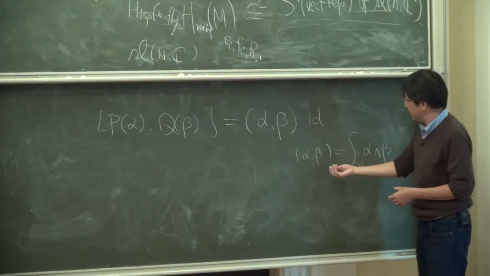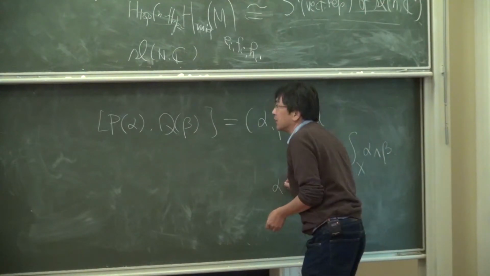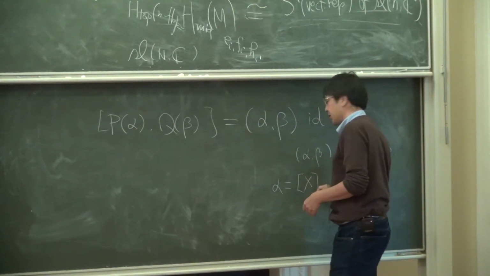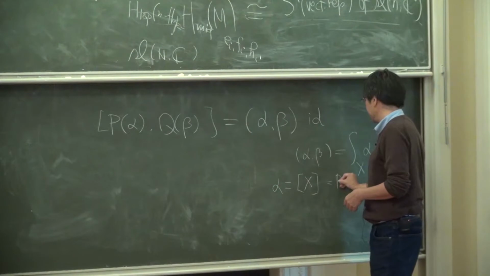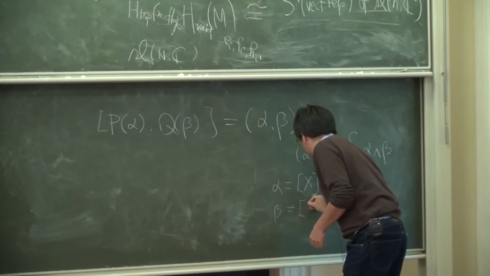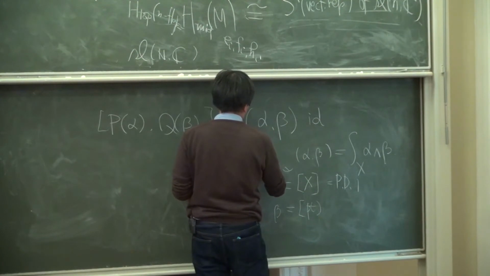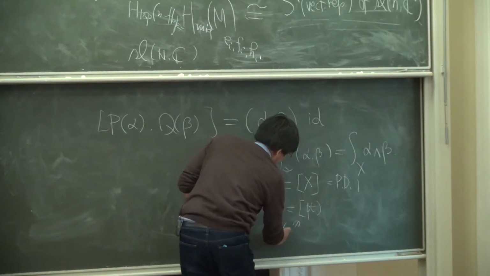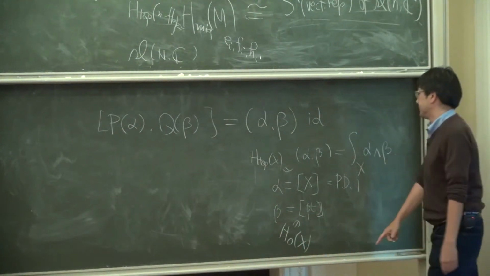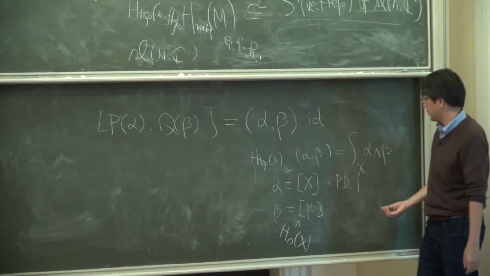So I pick alpha and beta to be the first non-trivial case. Namely, alpha is the fundamental class of the space, which is the Poincare dual of 1, and beta is the point class. So this is H top of X, and this is H zero of X. Then the intersection pairing of alpha and beta just gives 1.